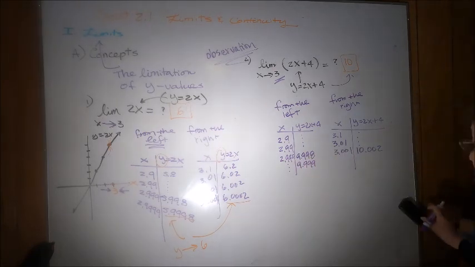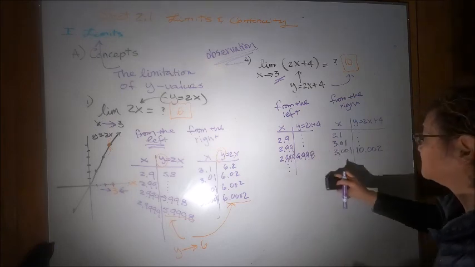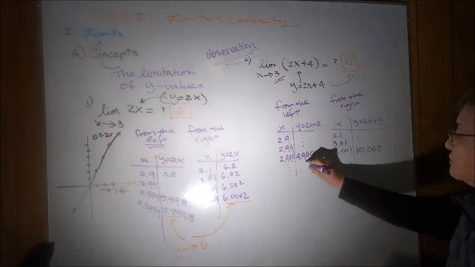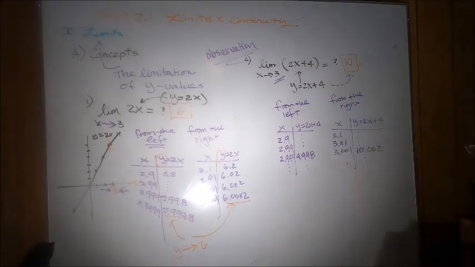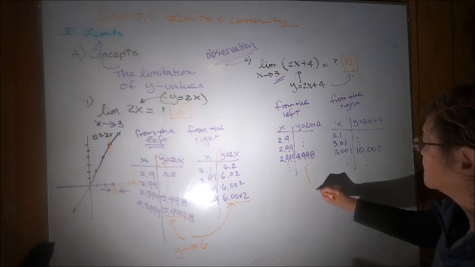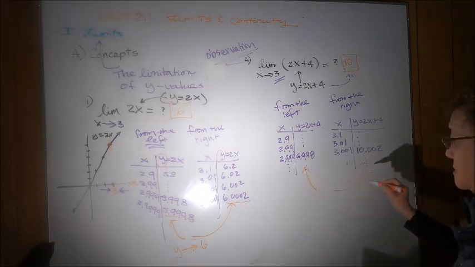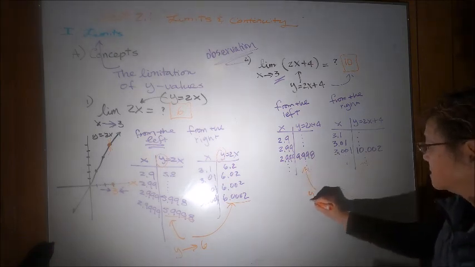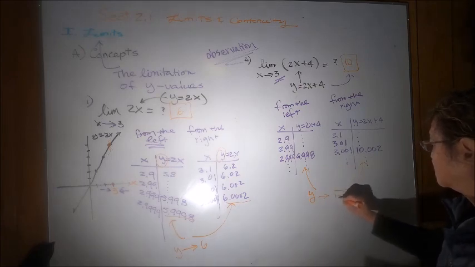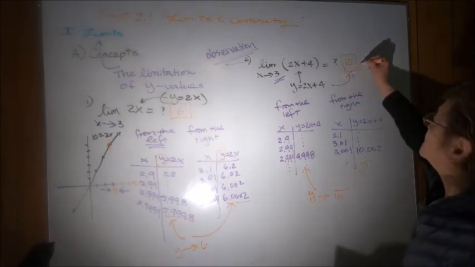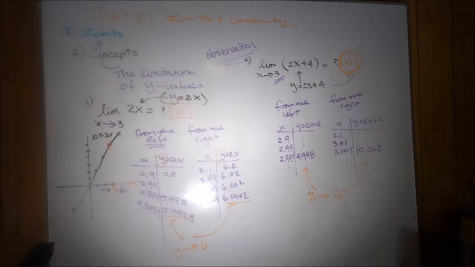Oh, no, not necessary. You have to plug in to find the exact number. But you will see with these two sides, your y starts to approach 10. That's why your limit is 10 for this function.